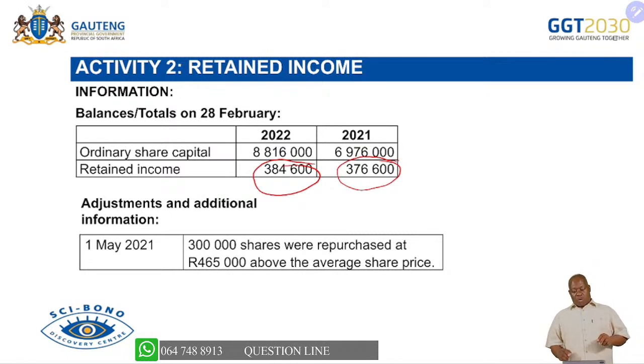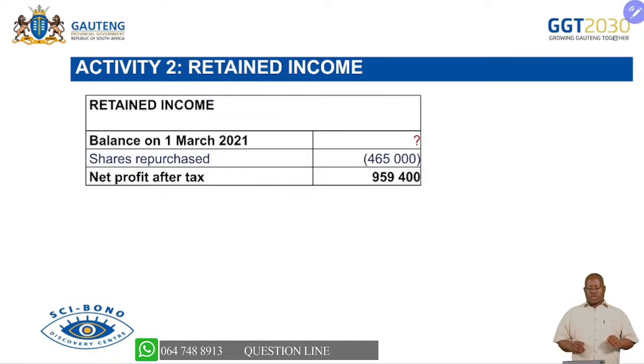So we know how much it was. It was 300,000 times 5.45, and we got the figure that we got from the retained income note. But now for this one, we are interested in that above, which is the 465,000. So when we get into our retained income, it's going to be, remember, shares repurchased.